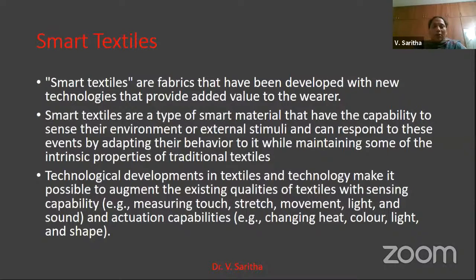So the circuits or whatever smartness we want to incorporate into the textiles should be capable of doing all these things actually.